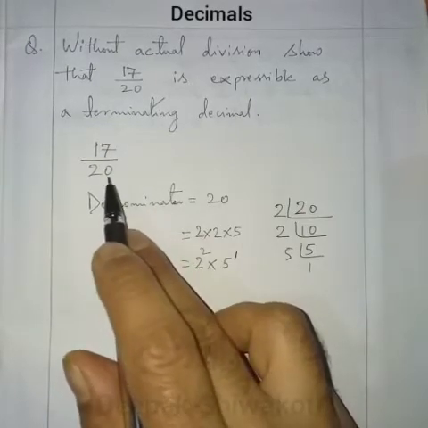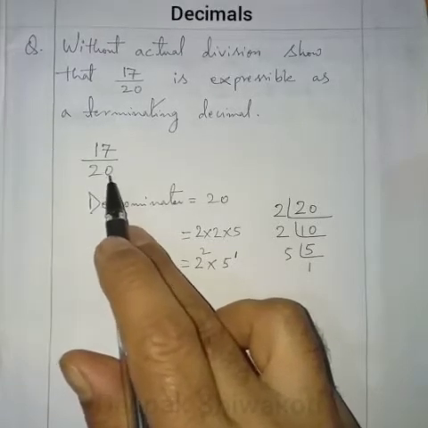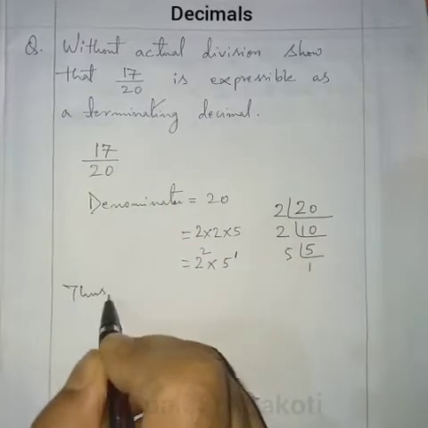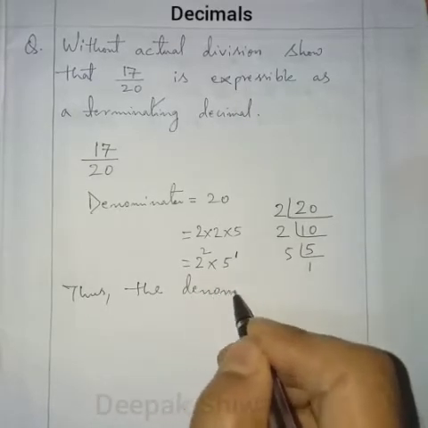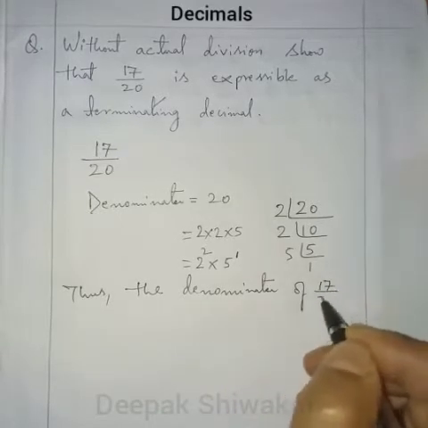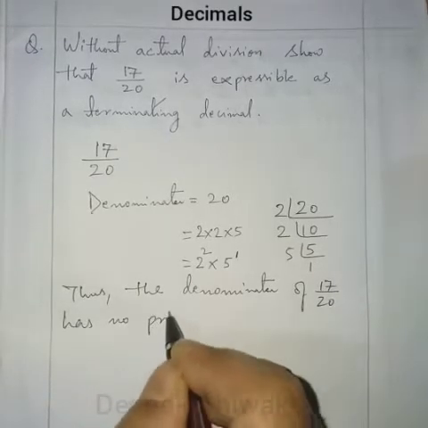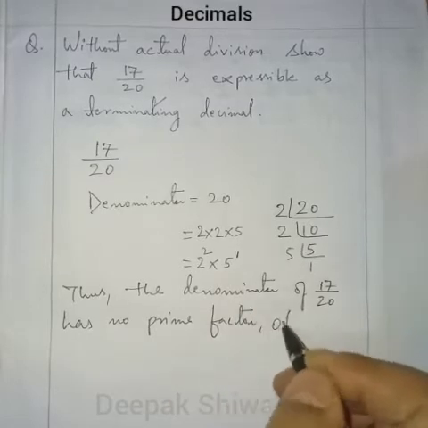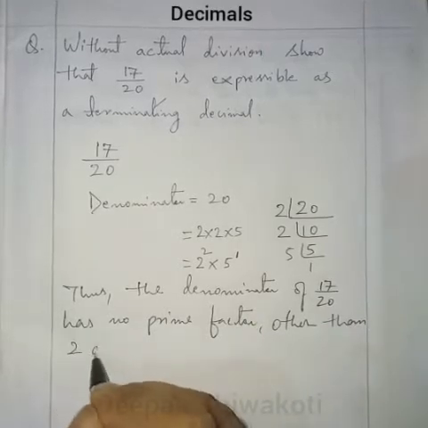When we divide, that means the remainder is 0. You can divide it in rough and see whether the remainder comes 0 or not. So thus we can write: the denominator of 17 by 20, this fraction, has no prime factor other than 2 and 5.